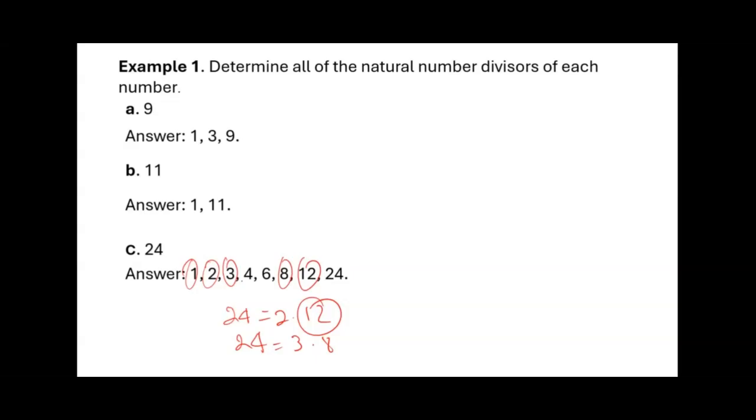And it's also divisible by 4 because 4 times 6 is 24, so they're both divisors or factors. So this has a lot of them: 1, 2, 3, 4, 6, 8, 12, 24. So 24 has 8 natural divisors. Remember that natural numbers are supposed to be greater than 0, so we don't take into account 0 and we don't take into account negatives. And any number that is bigger than it would not fit into it.